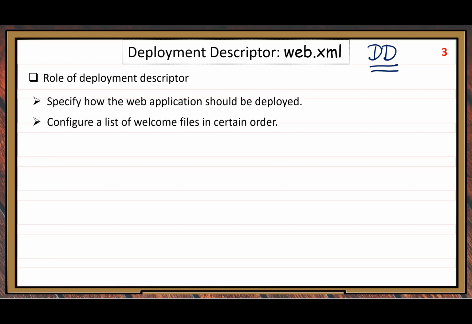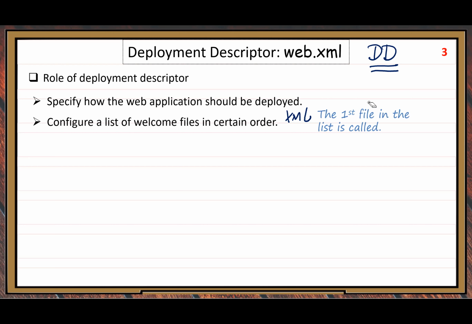There is an order issue when you have multiple welcome files and use the XML way to configure. I hope you have a little XML knowledge. In XML, we use tags to mark different pieces of information. We will see that.